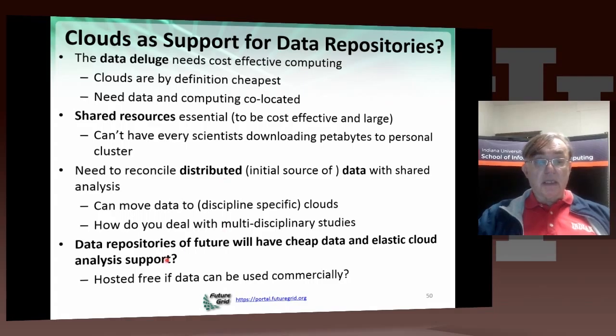We can expect that the data repositories of the future, currently they're just bunches of disks, will have cheap data and elastic cloud support. There was a suggestion in a meeting I went to recently that data would be hosted free if it could be used commercially. So the model was that storage was free and you paid for your computing.